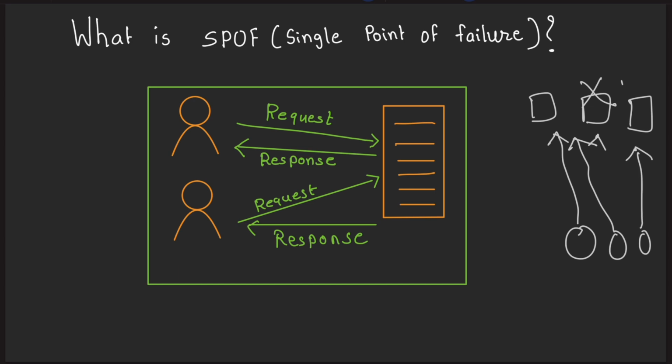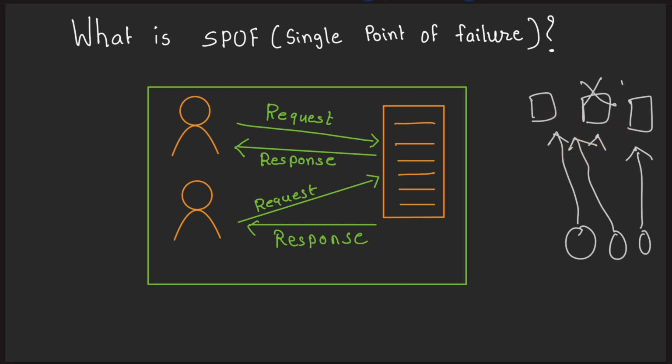But in horizontal scaling, I explained that if one server fails, then the request from the client will be redirected to another server. So how will it manage to redirect requests, and how will it know whether to redirect a request to this server or that server?